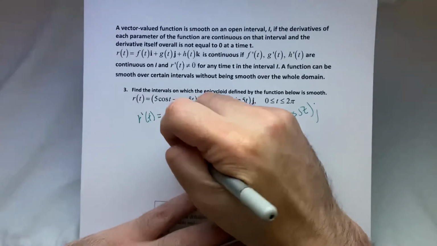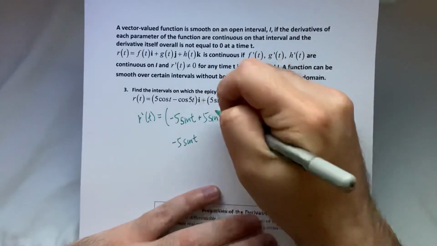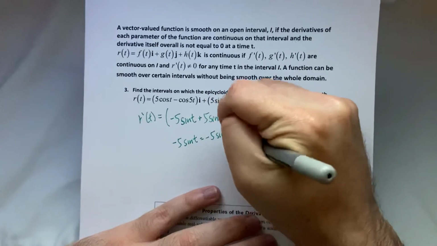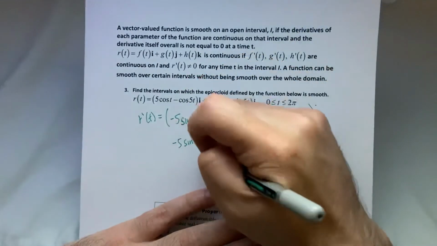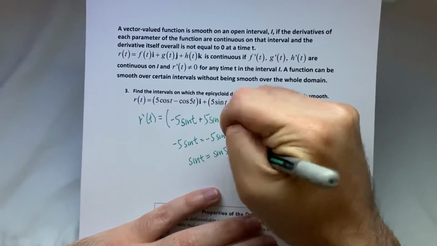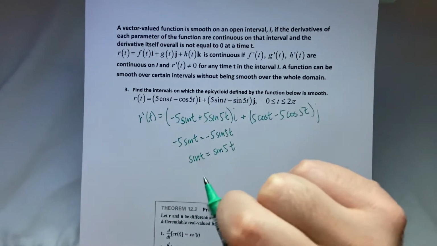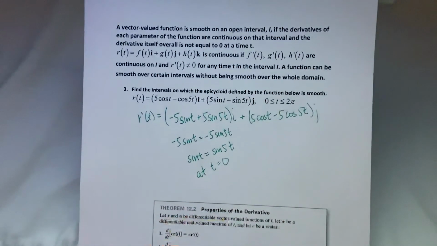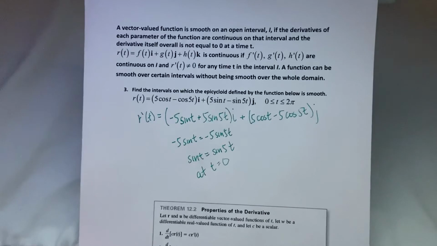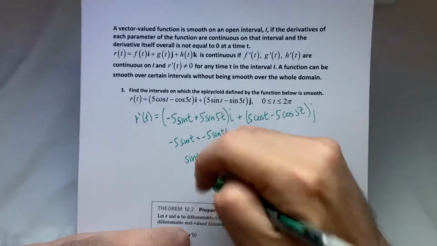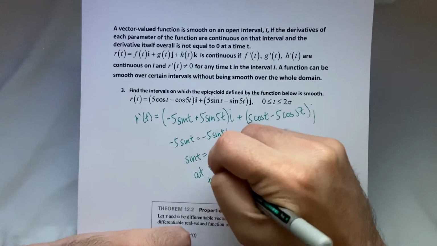So ask yourself, when is negative 5 sine t equal to negative 5 sine of 5t? When is this 0? When sine t equals sine of 5t. And this happens at t equals 0. It also happens at, let's see, probably t equals pi over 2.